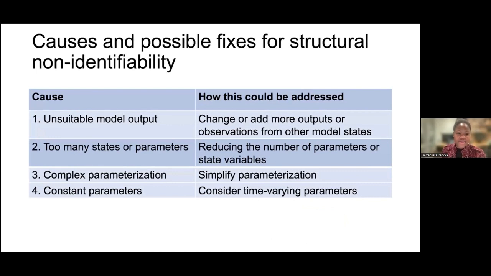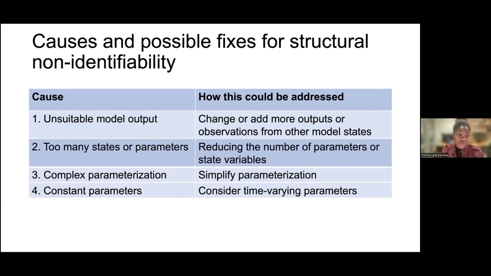So this really summarizes what Gemma has explained, and the first way that we have emphasized here is about adding more outputs or changing the types of outputs that one might consider. Also, with too many states or parameters, you might think about the possibility of estimating a parameter when you have about 16 states with just incidence, right?